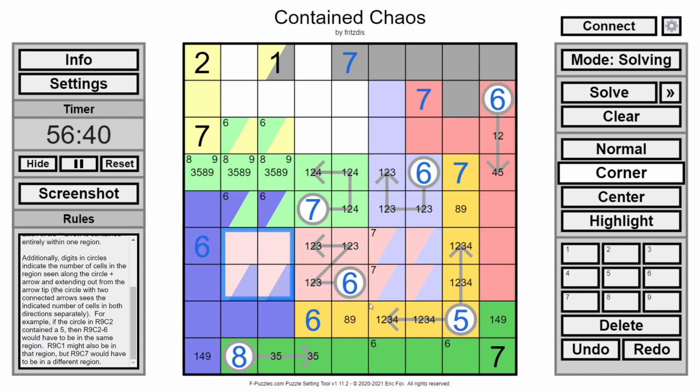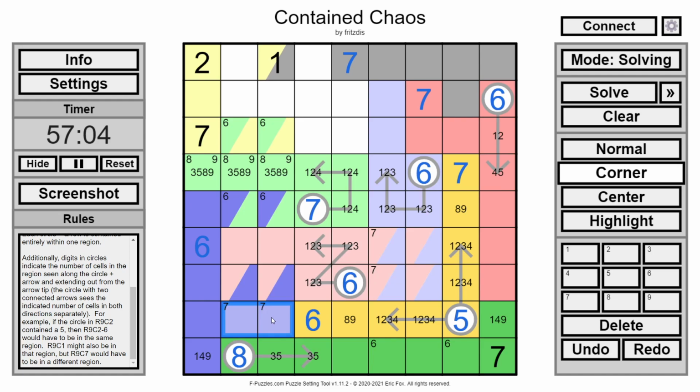Which, for whatever it's worth, means that the 7 in dark blue is not also in here, because that will be two sevens for rows 6 and 7, which means we couldn't put a third 7 in here. Or a better way to look at that is, where could we put a 7 in row 8? It must be in one of these two spots because we have this 7 looking down.